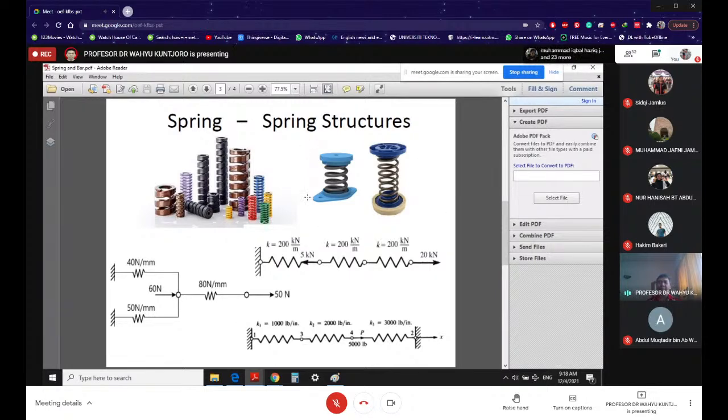On the right here, you have a short spring. On the right, you got a longer spring. And you have learned from your SPM that when we talk about spring, then we talk about spring stiffness, K.